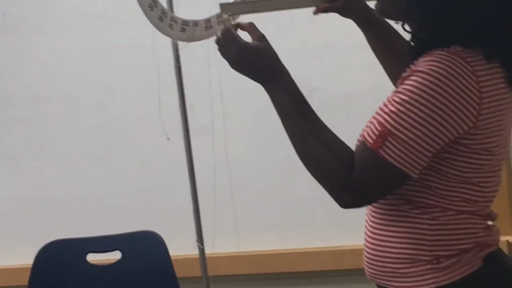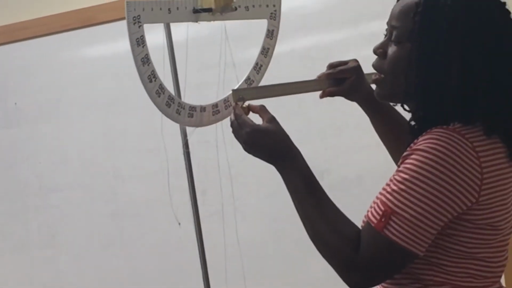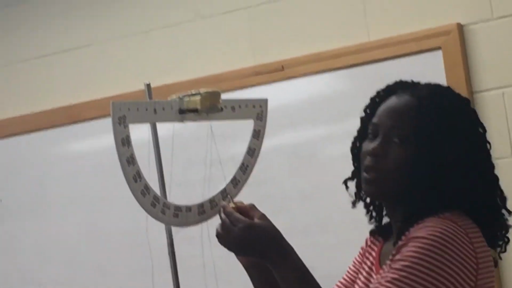All right, so we have 2 more trials to do. So now I'm going to do the displacement from the equilibrium position again. So it's 1.5 centimeters from the equilibrium position.